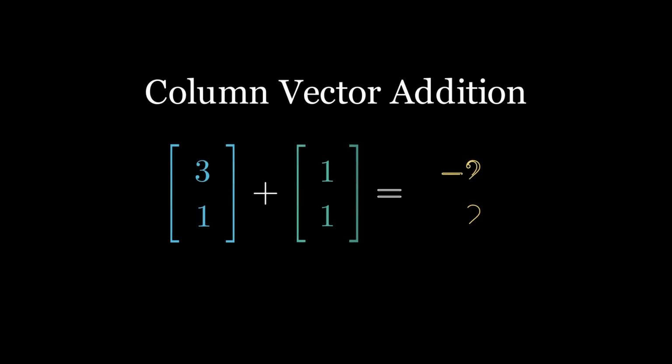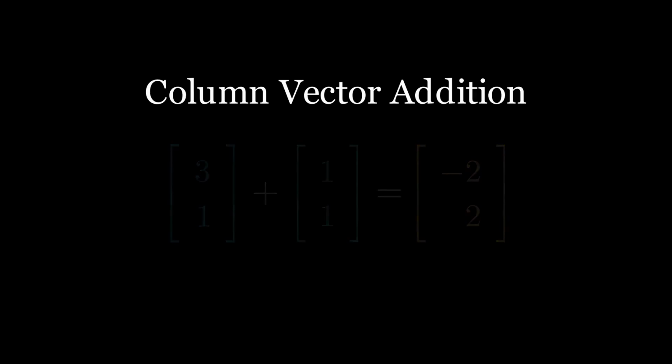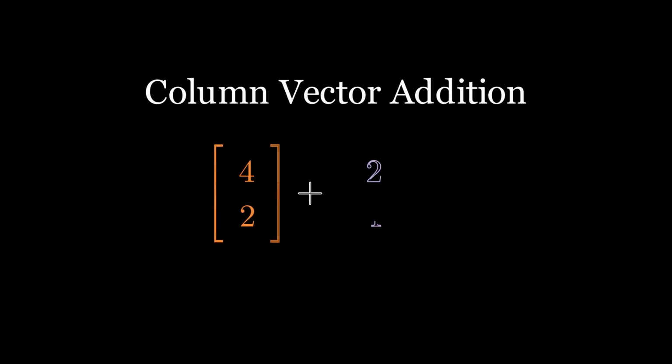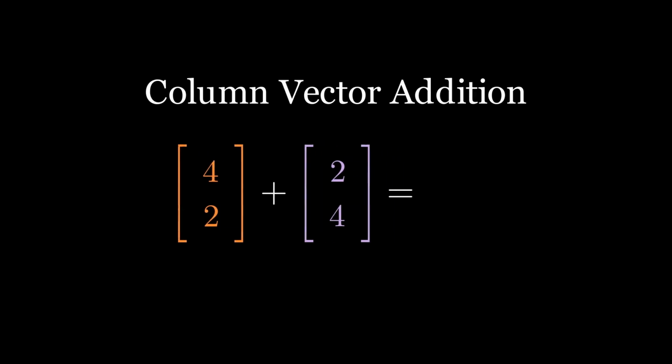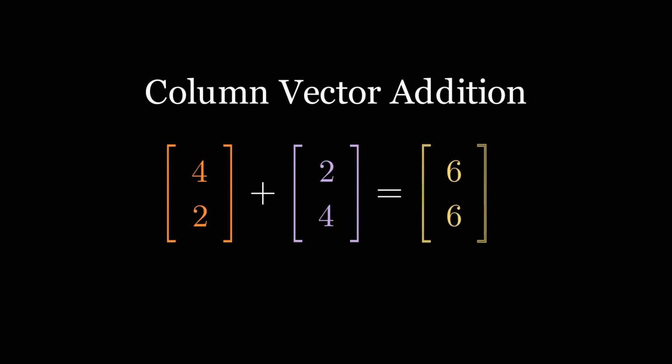We can add column vectors together, entry by entry. Let's do an example with the column vector 4, 2 added to the column vector 2, 4. If we add the entries respectively, we should get 6, 6, which is the addition of those two vectors.